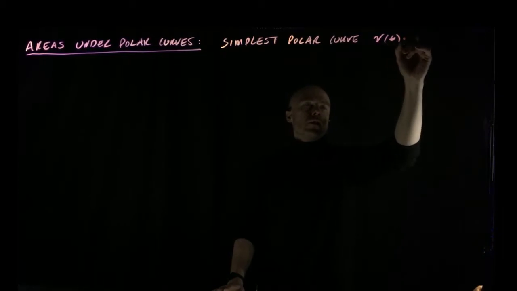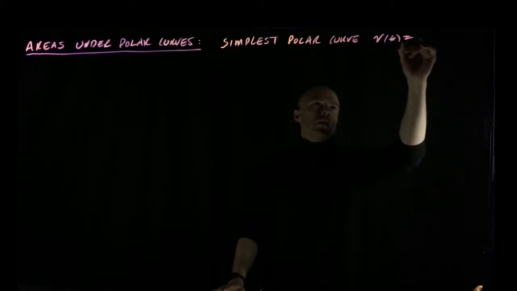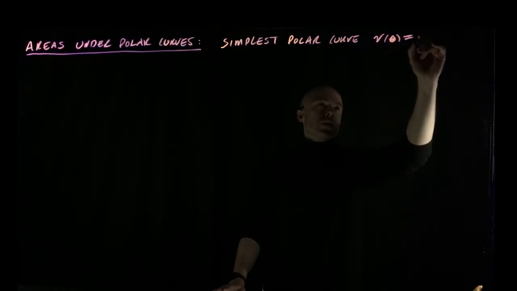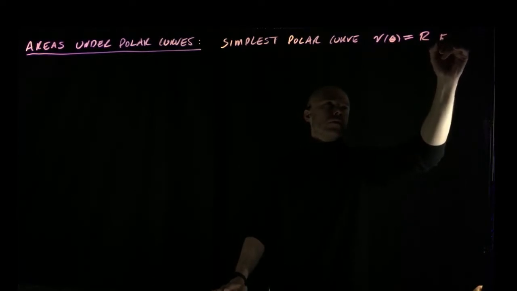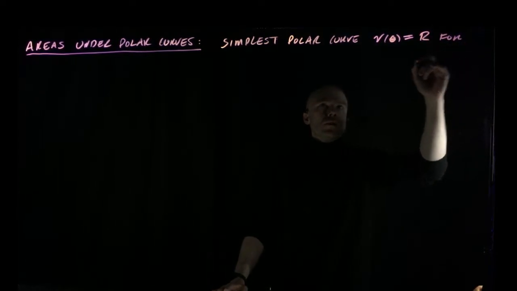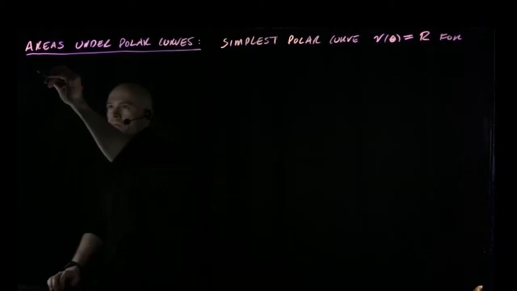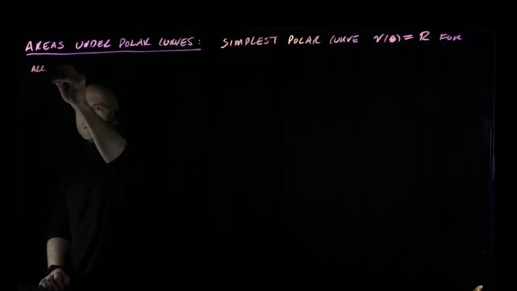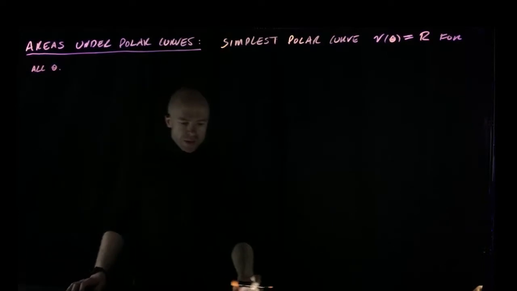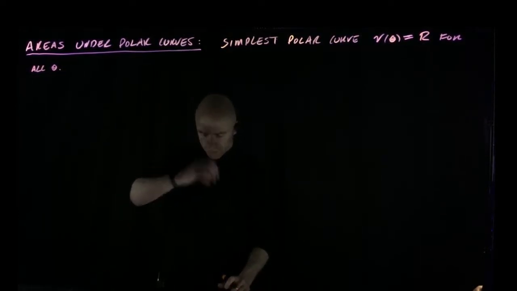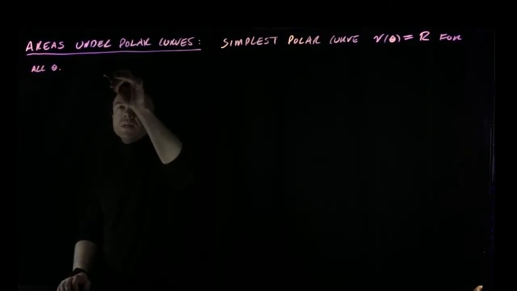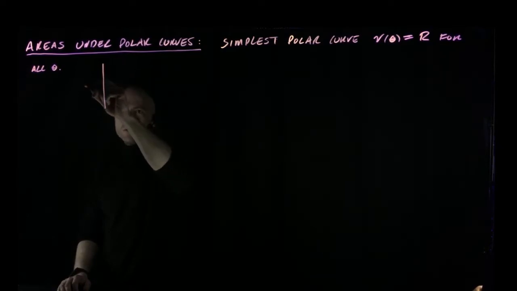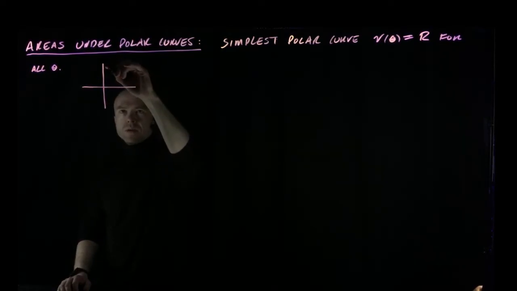It's just some particular radius. So let's call that radius, say, capital R for all theta. Well, what do we find out then? Let's draw a picture. If we have this polar curve, it's just going to be a circle of radius R.